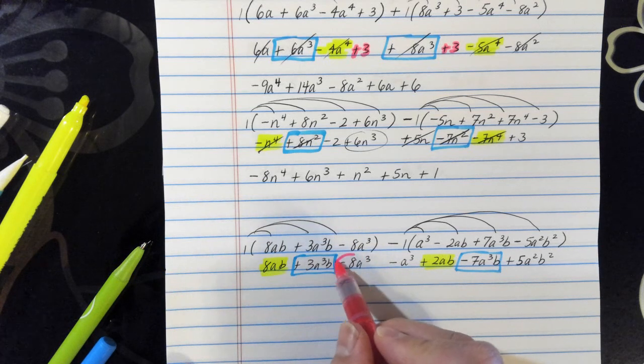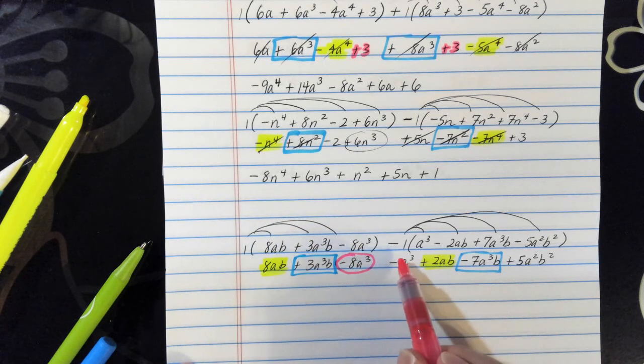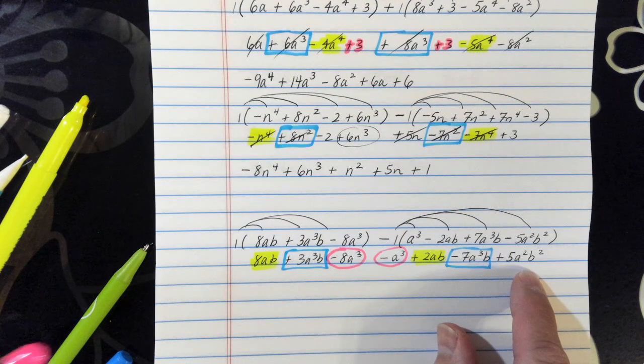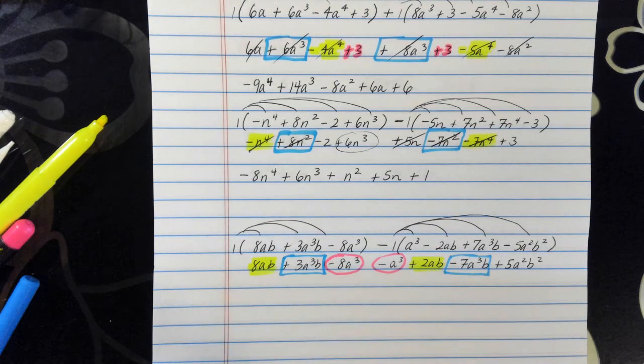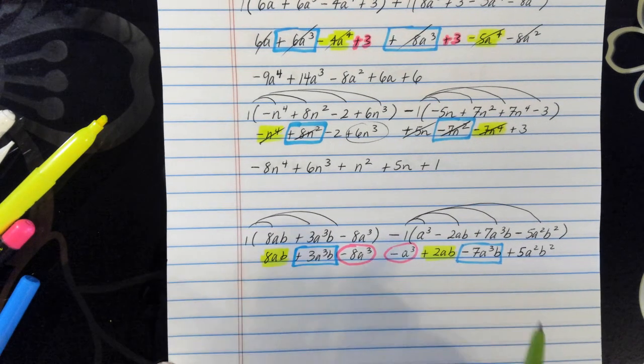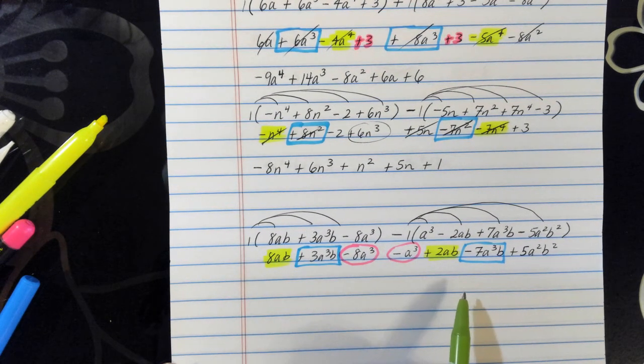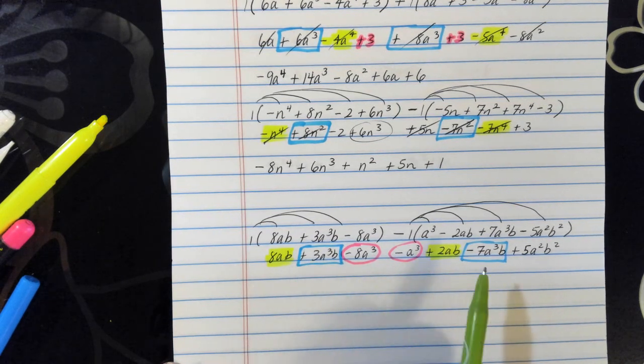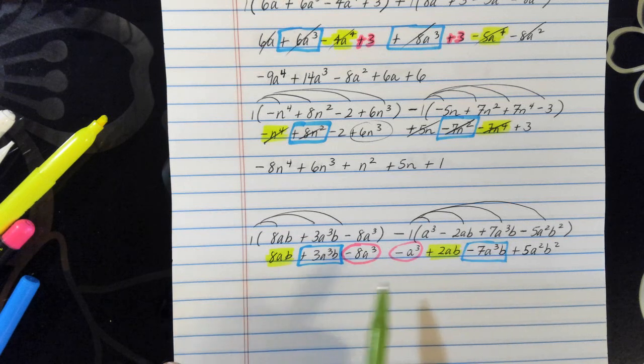Then you've got this negative 8a cubed and this negative 1a cubed. You can combine those. And this one has no friends, so lonely. I'm going to do the blue ones first, and I'll explain why in a second.